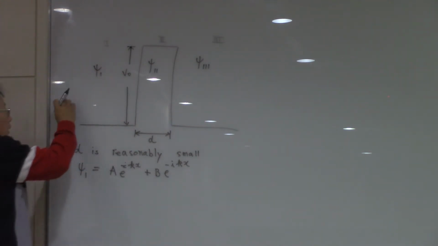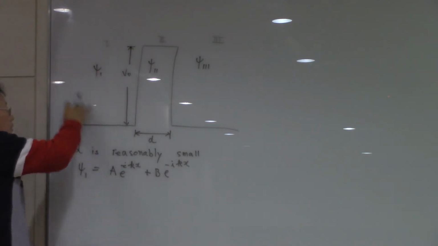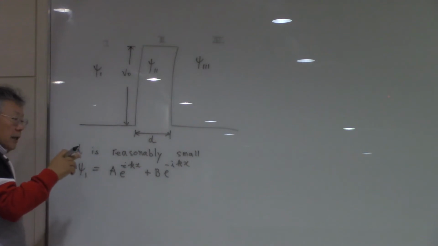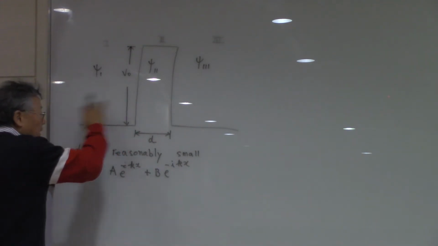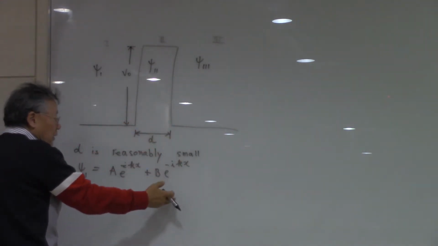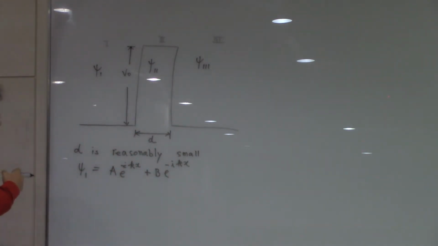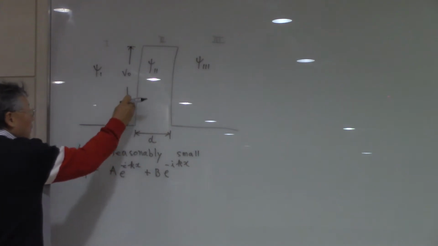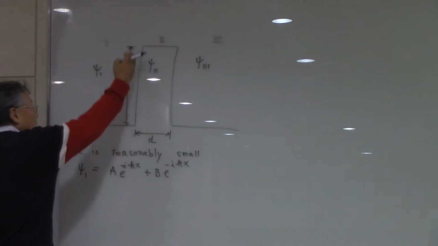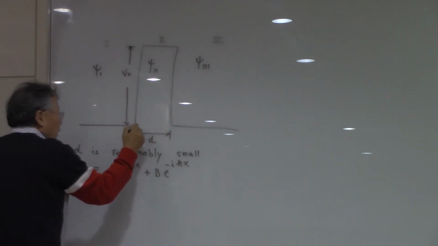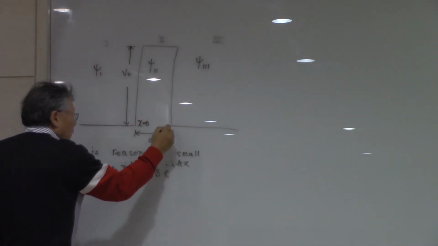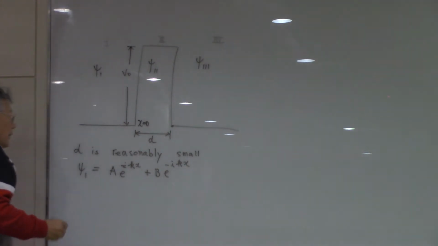So the electron wave in region 1 consists of two terms, one propagating in the positive direction and the other in the negative direction. So this wave is a kind of wave reflected at edges. Here, let's say x equals 0, and here x equals d.